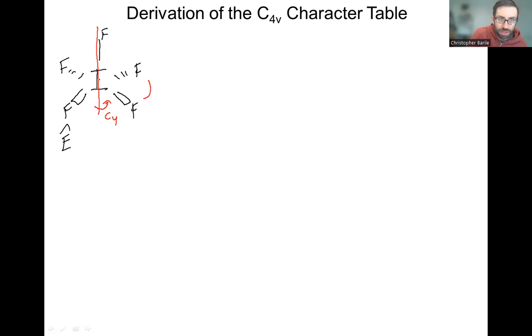We're spinning it along this fluorine-iodine bond, and it's rotating one fluorine to another fluorine, and one fluorine to the next fluorine, etc. I use this hat notation, which means operations. So these are all the operations: we have E hat, we have C4 hat.